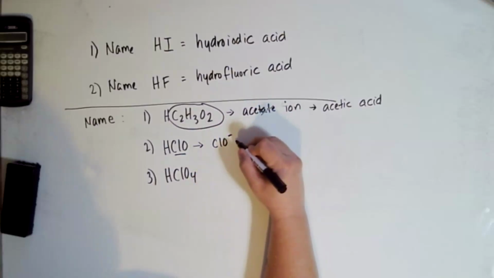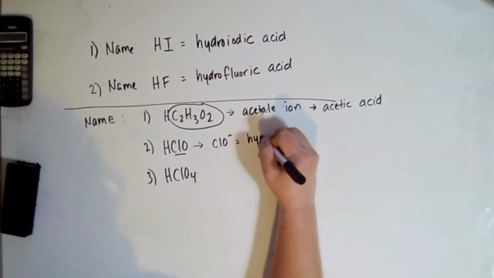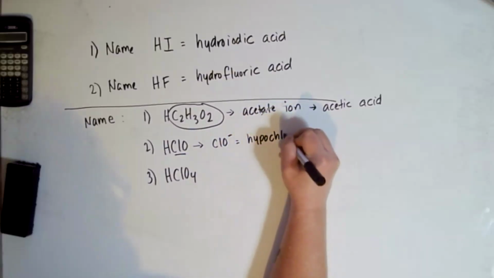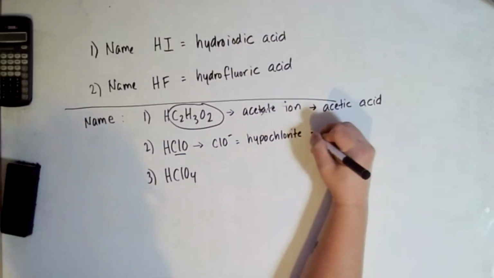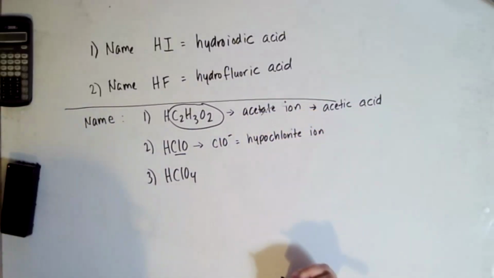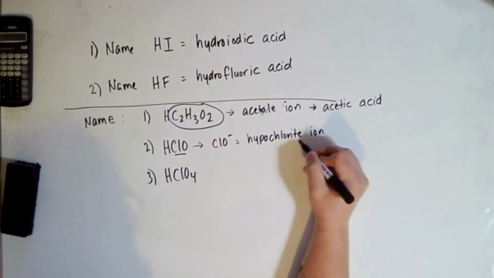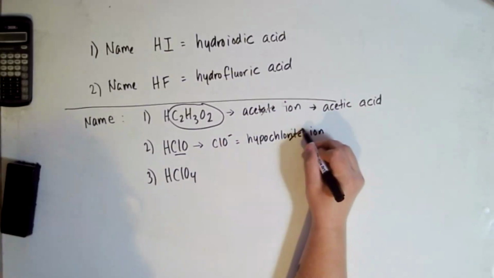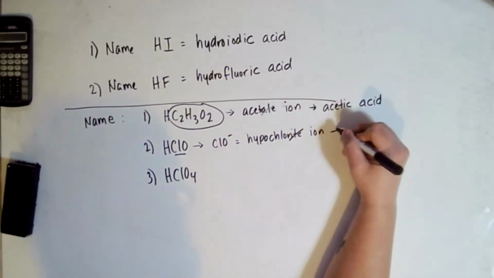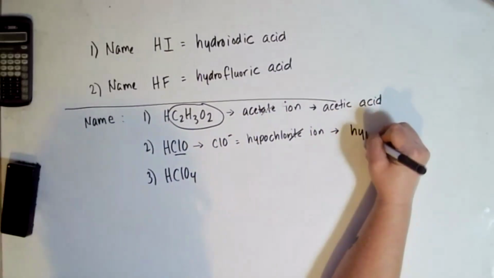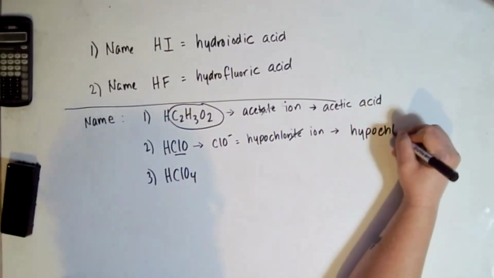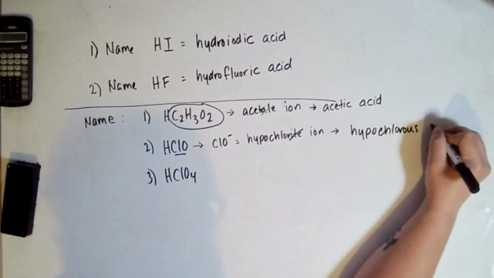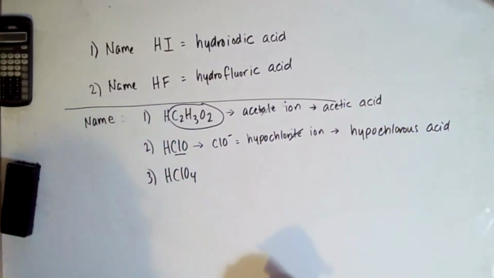That is going to be our hypochlorite ion. Okay. Then we're going to take that ITE ending, get rid of that, and change it to an OUS. So the name of this is going to be hypochlorous acid.